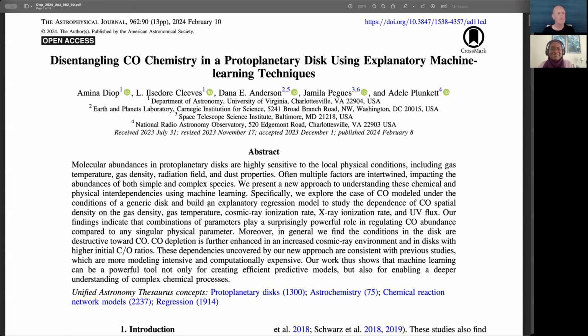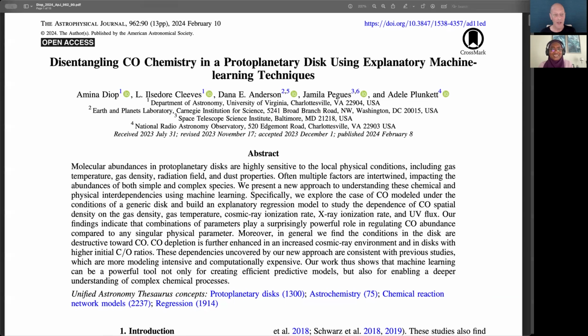Cool. And that is going to bring us to this very awesome ApJ article. It is open access. It's the open access era. People, go grab a copy for free. Disentangling CO chemistry in a protoplanetary disk using explanatory machine learning techniques.